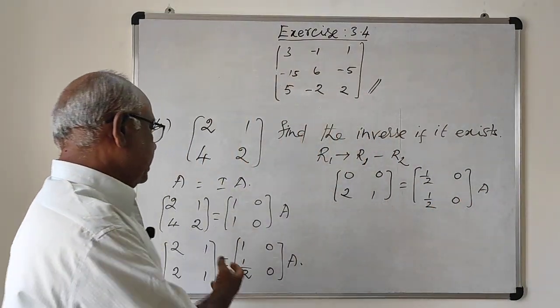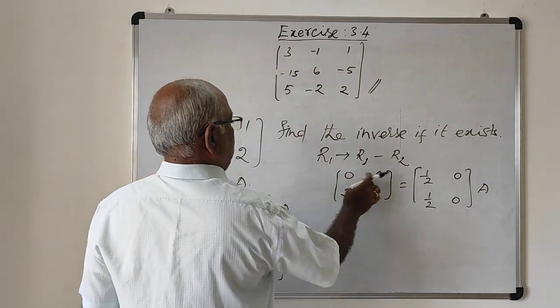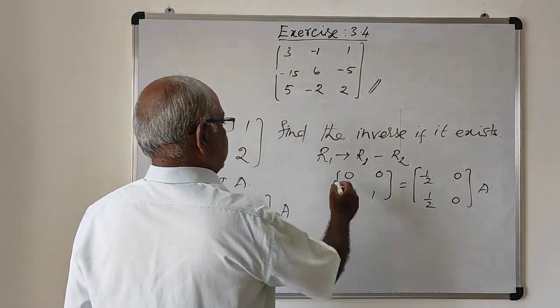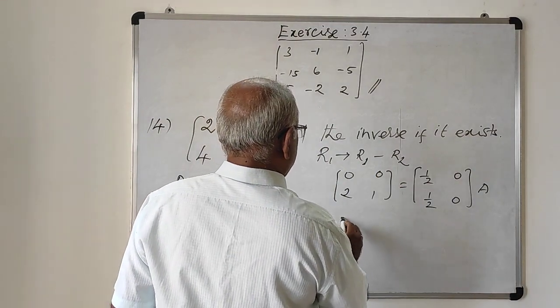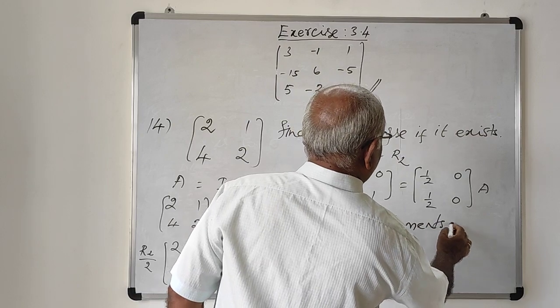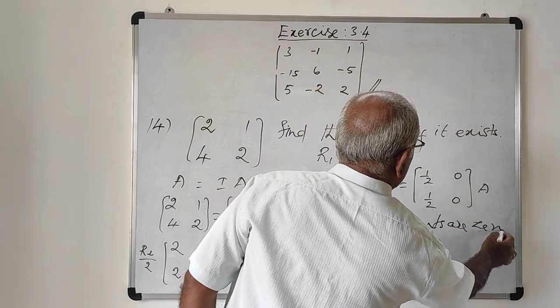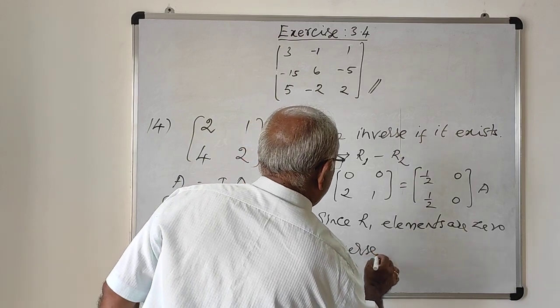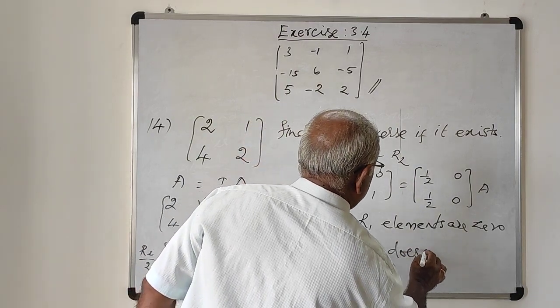Here also the inverse does not exist because all the elements in the first row are 0, therefore the inverse does not exist. Since R1 elements are 0, inverse does not exist.